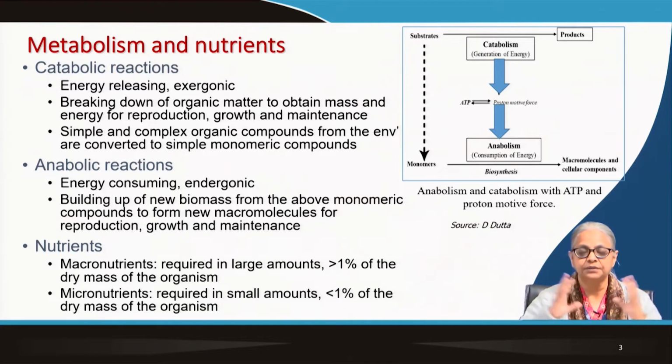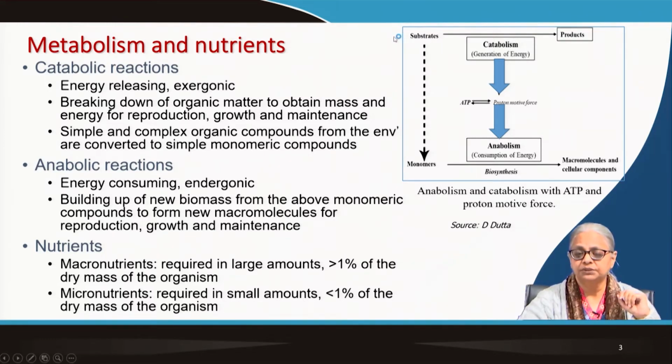The two together is the metabolism of a particular organism. Now different organisms obtain their energy in different ways. The food is different. All organisms do not eat the same food, they do not utilize it in the same way, and we're going to look at how different organisms derive energy from different substrates.